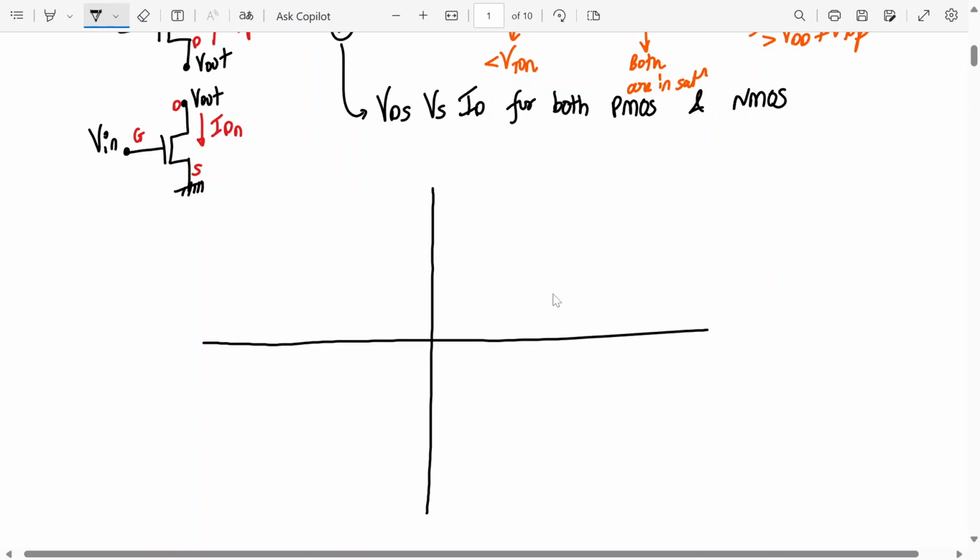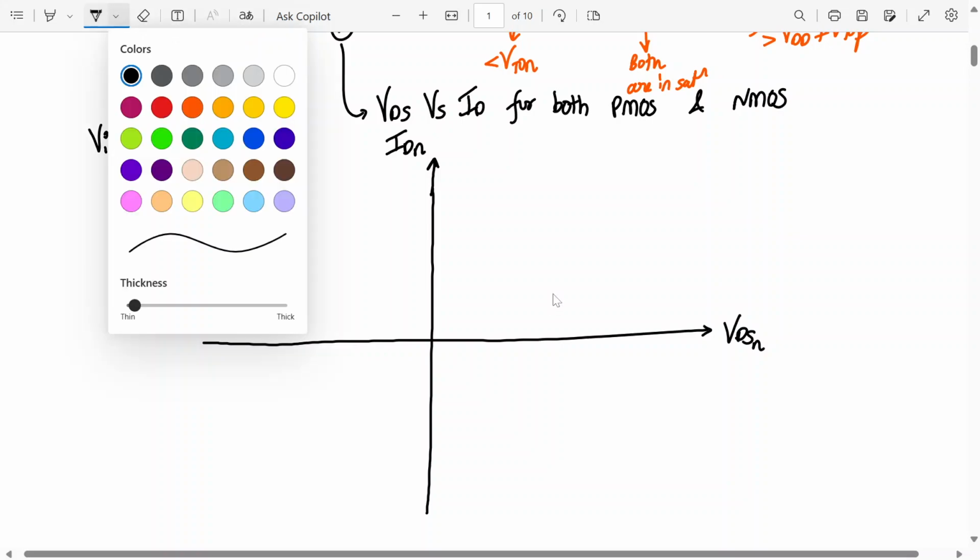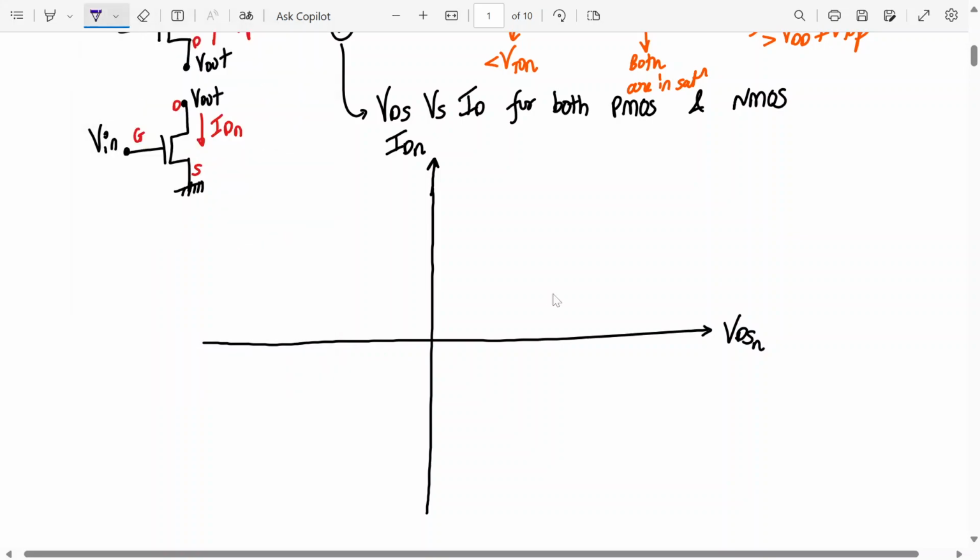So you all can also draw it together. This is VDS, this is ID. We can say IDN for the NMOS transistor. So this is VDSN. What is VDSN basically? Can you tell me? It's V out, right, for the NMOS transistor.